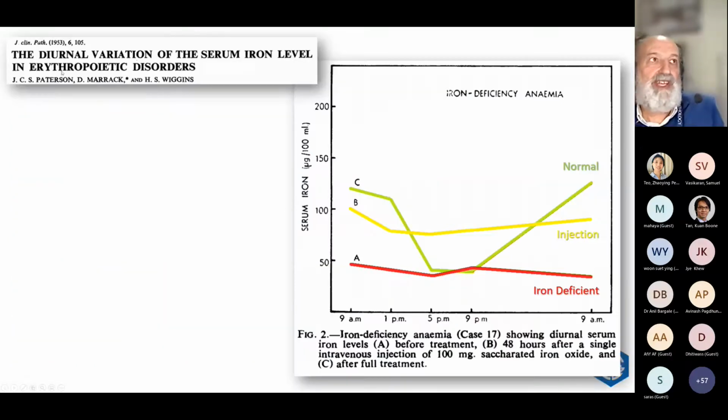And this has been known for 70 years, that the iron level or the saturation level falls and has its nadir at about 5 o'clock in the evening, and then it rises back to normal. It doesn't have that diurnal pattern if a patient's deficient or they're taking supplements.